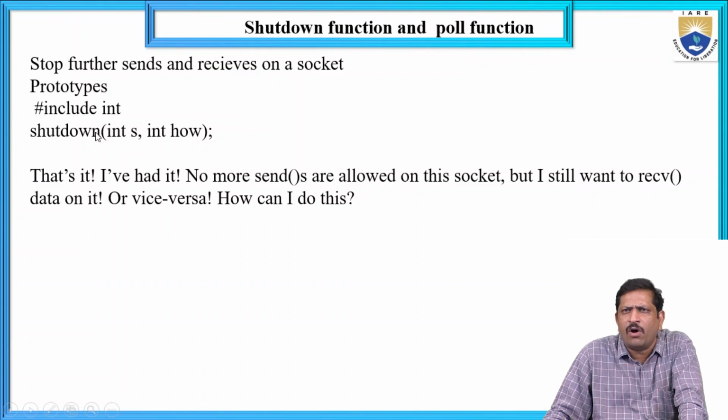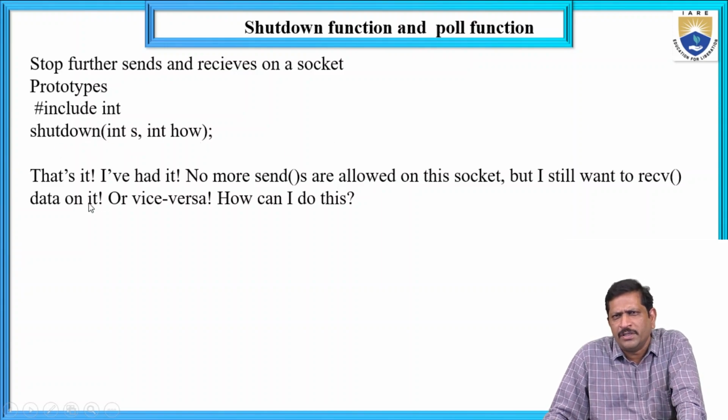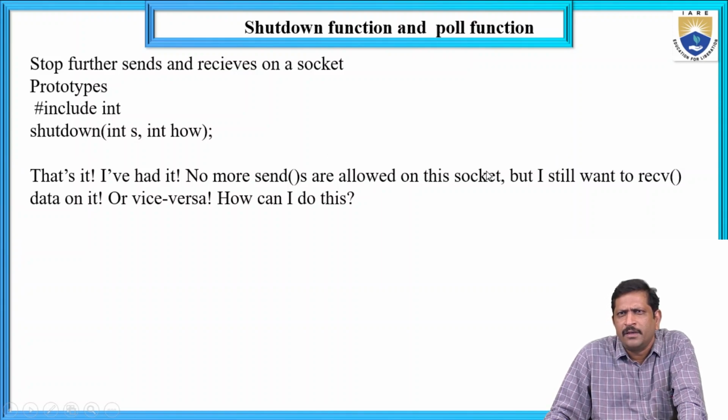No more sends or receives are allowed on the socket. Once you shut down the socket at the primary side or secondary side, no more sends or receives are allowed. But still, what if you want to receive the data, or vice versa?